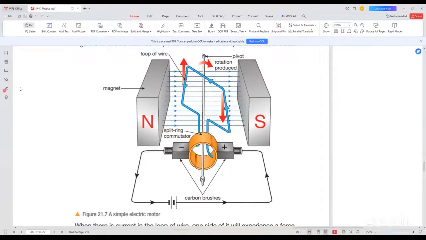I'll label this section to be A, and this section to be B, right? The section of wire.